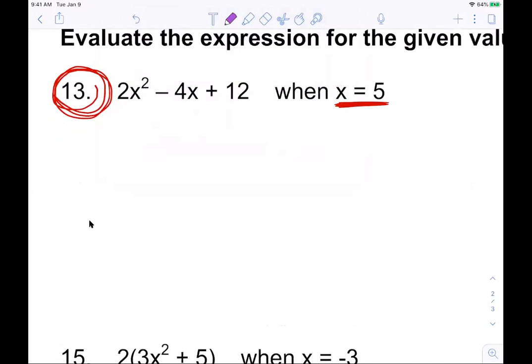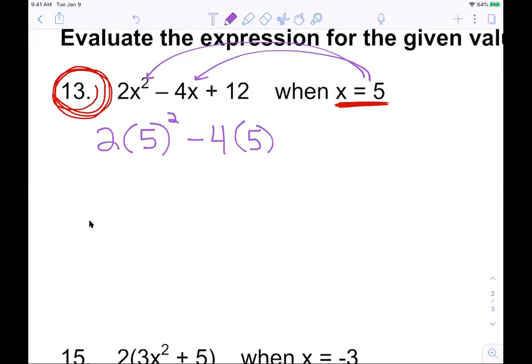So they're telling us x is 5, which means wherever I see an x, I'm going to replace it with a 5. And remember, we're using parentheses. So x squared is now 5 squared minus 4 times x, which is 5, and then plus 12. Still using PEMDAS.